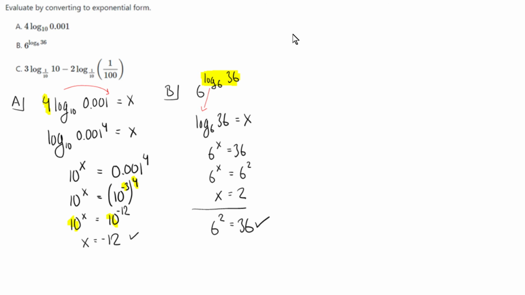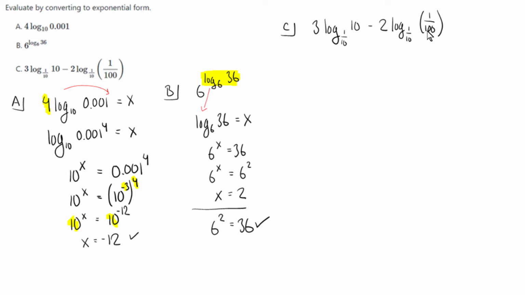And in C, we have 3 log with a base of 1 over 10 of 10 minus 2 times log with a base of 1 over 10 of 1 over 100.